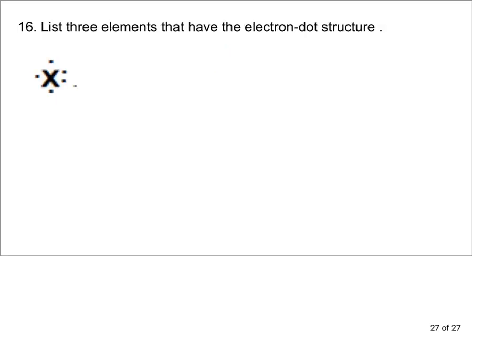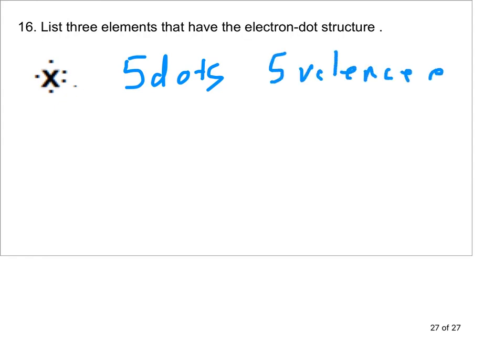And list 3 elements that have the electron dot structure given here. And we see we have 5 dots, meaning we have 5 valence electrons, which means it's in group 15 or 5A.